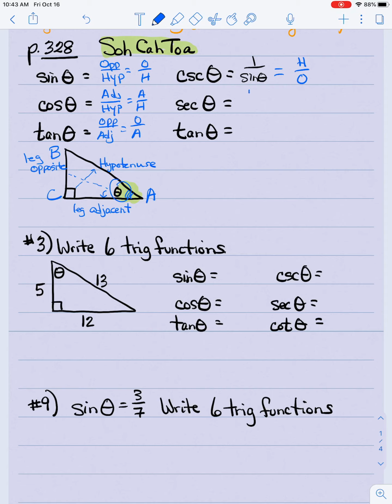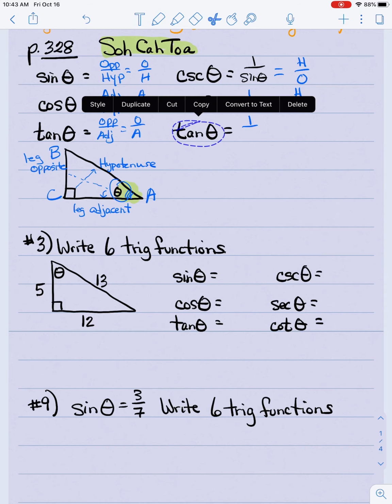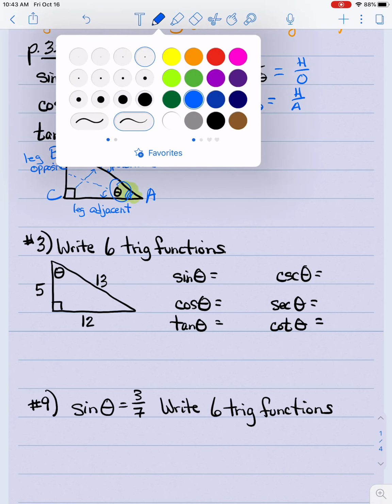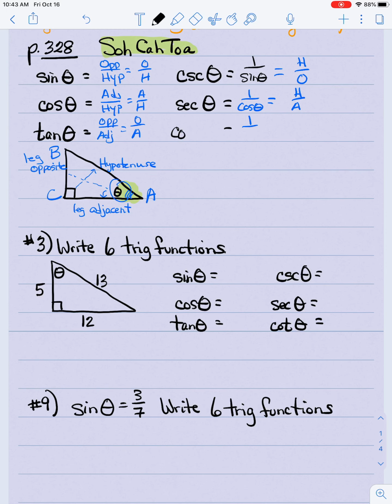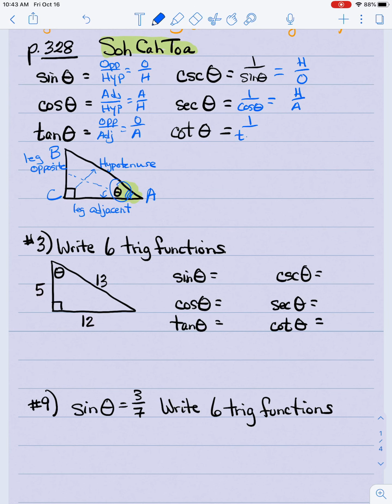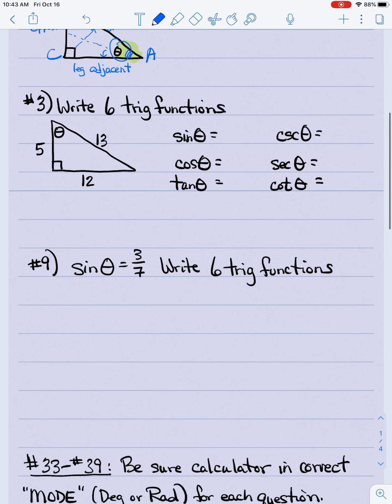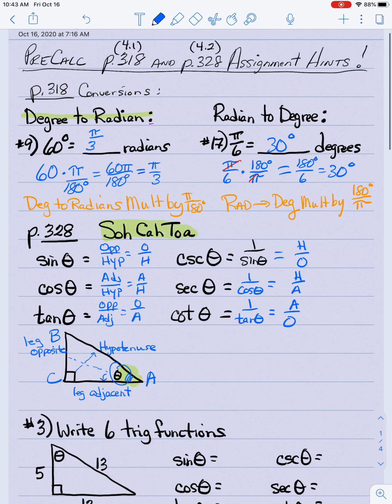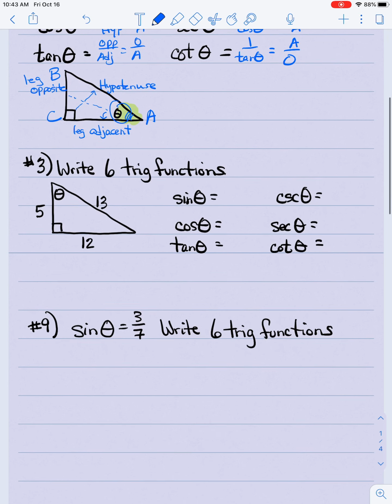Secant is 1 over cosine, which is hypotenuse over adjacent, and then, whoops, my bad, I have a little typo here, hang on, let's get rid of this. Yep, I meant to write cotan. And that's going to be 1 over the tangent, or adjacent over opposite.